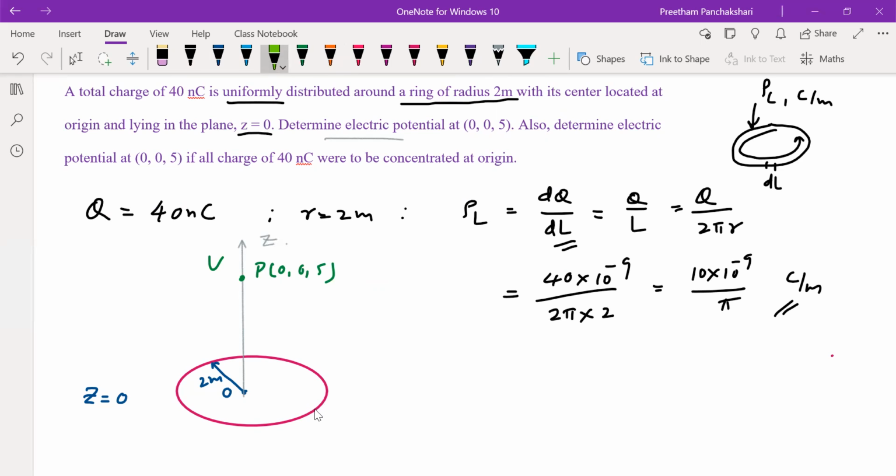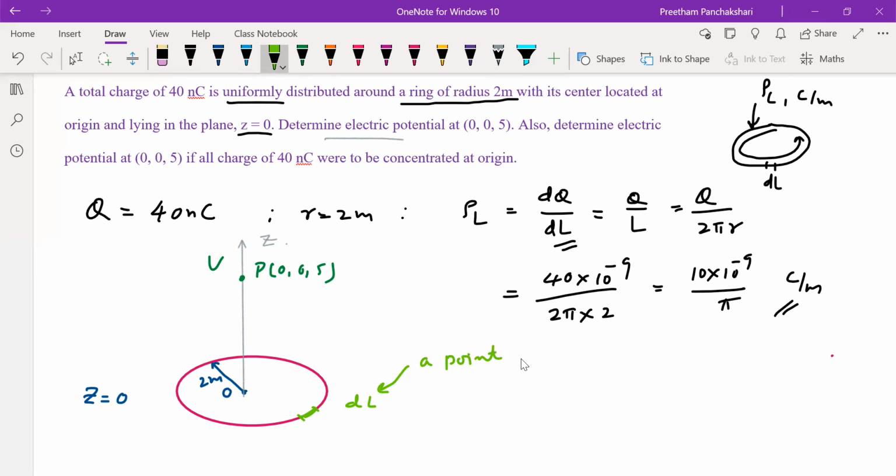Let us choose a small length here. Let the length of this be equal to dl. Why have we chosen this dl? Because dl is a differential length, which can be assumed as a point charge.